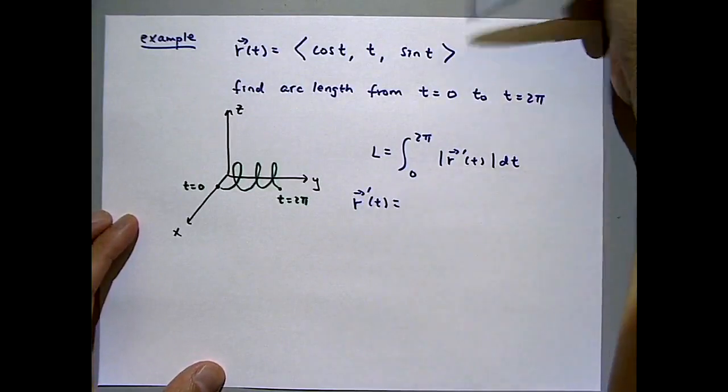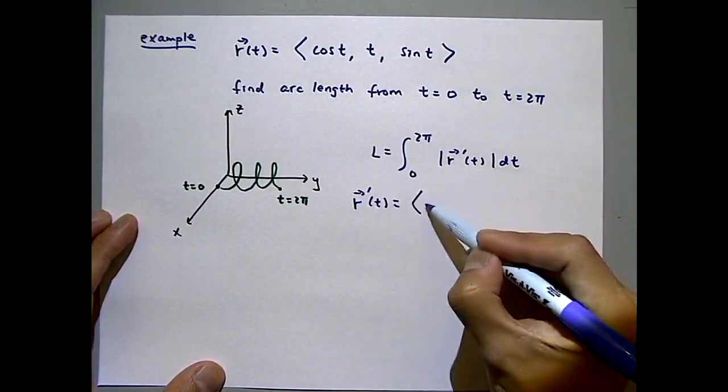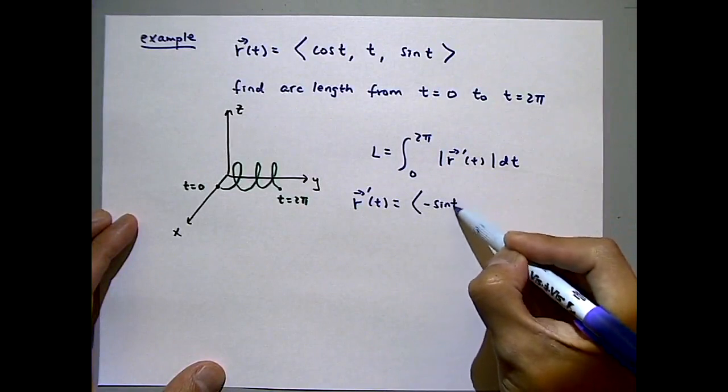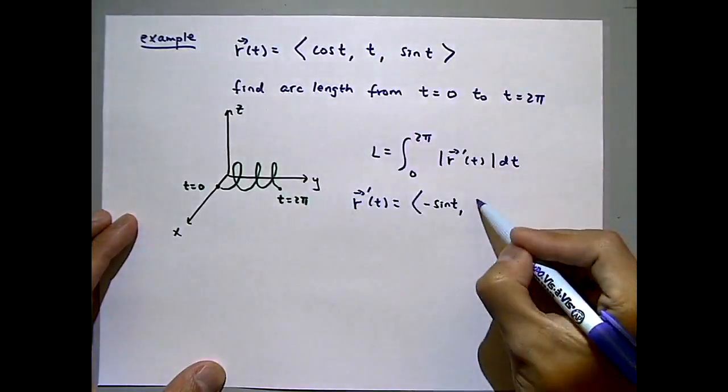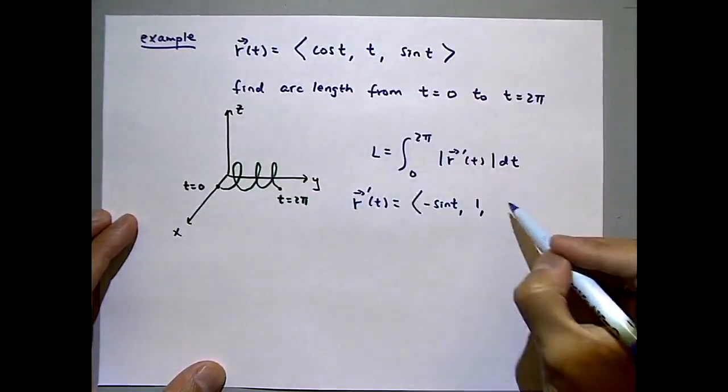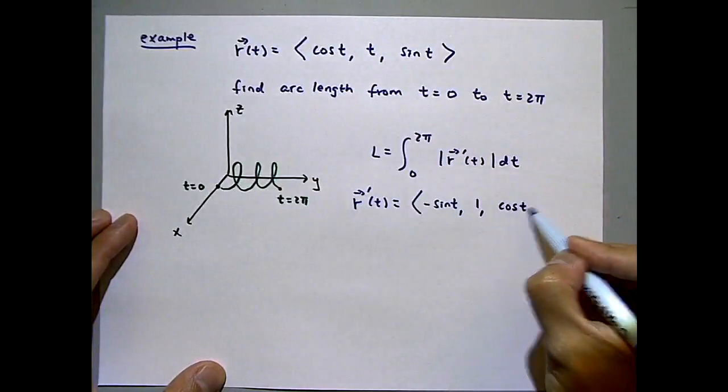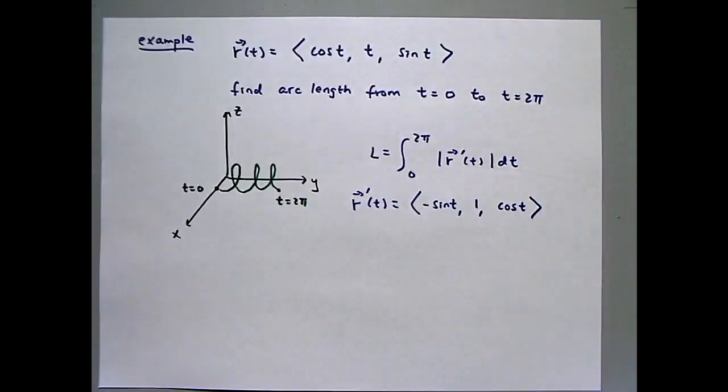r prime, that's very easy to find. Minus sine, positive 1, cosine. Then we integrate the magnitude of that.